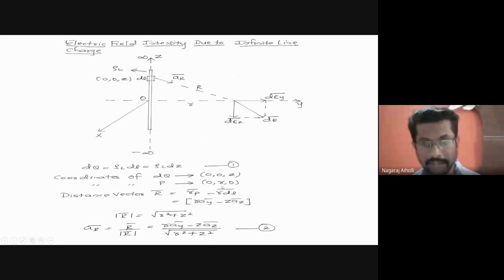Then r minus 0 is r a y bar. Then 0 minus z is minus z, so minus z a z bar. Hence, we get the distance vector r bar equal to r a y bar minus z a z bar. That is our distance vector.